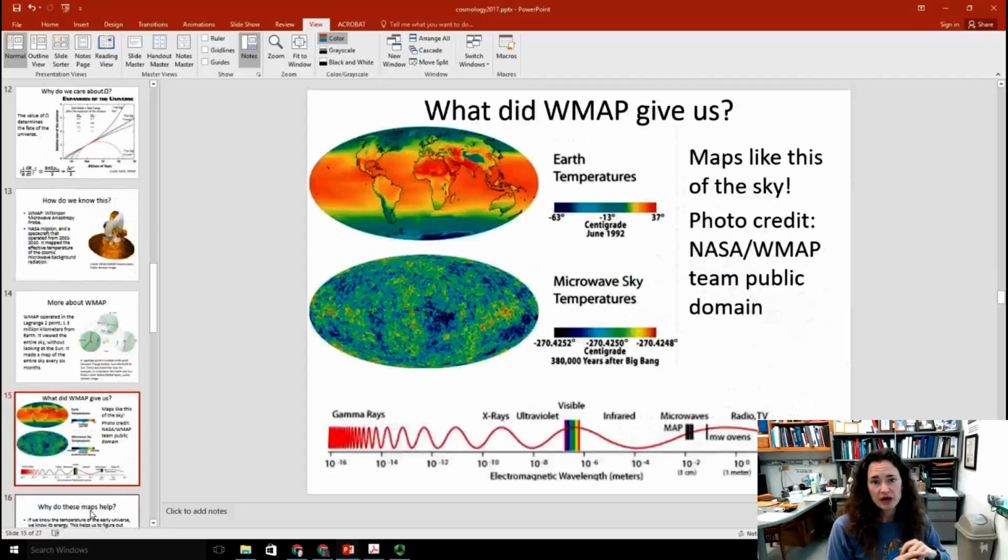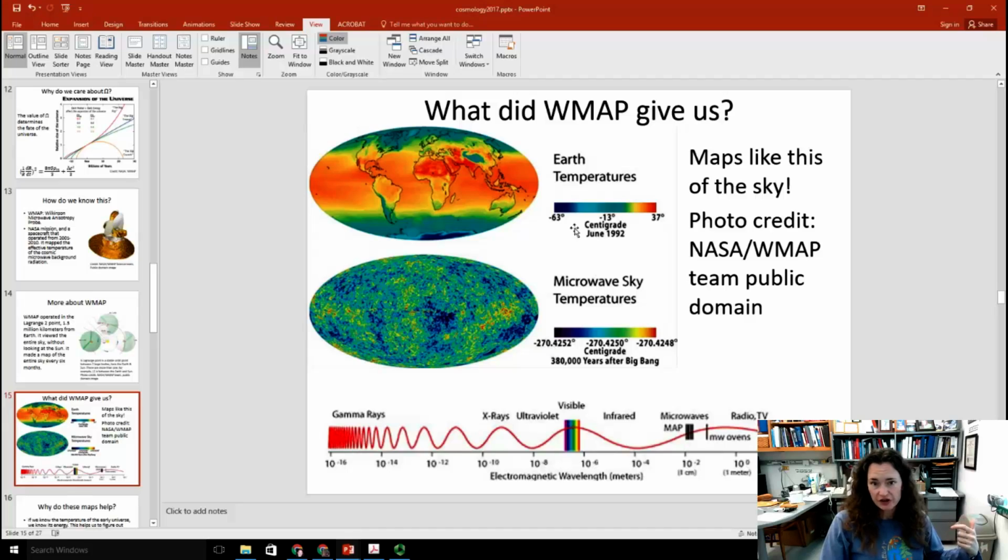So what did WMAP give us? Well, you might have seen maps like this of the temperature of the Earth, okay, put out onto a map like this, where you have hot regions in red or orange and cold regions in blue or black, okay? Well, WMAP did the same thing for us, but for the whole universe, okay? Basically, it gave us the temperature of the universe in all directions. And of course, it doesn't vary much.